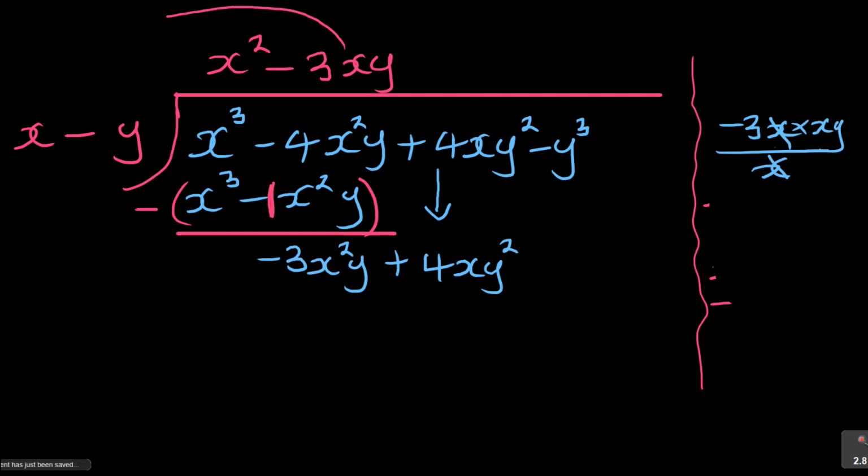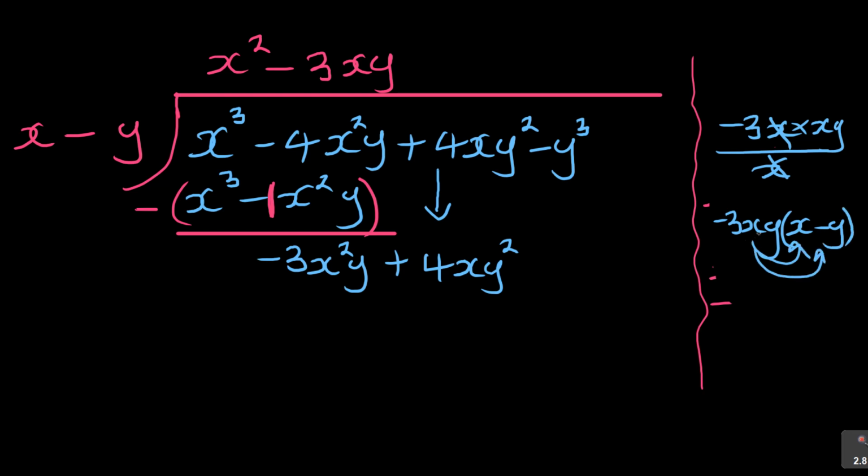Then this guy multiplies like that everything here. Are you with me? So let's do it. What you are saying is minus 3xy multiplying x minus y. Then when you multiply that, minus 3xy times that, it's minus 3. Now there are two x's, it's x squared y.